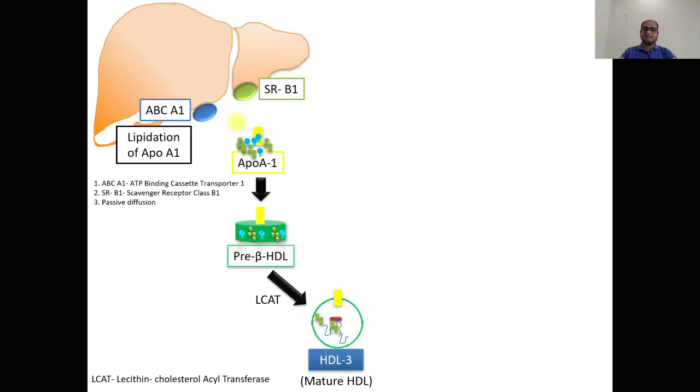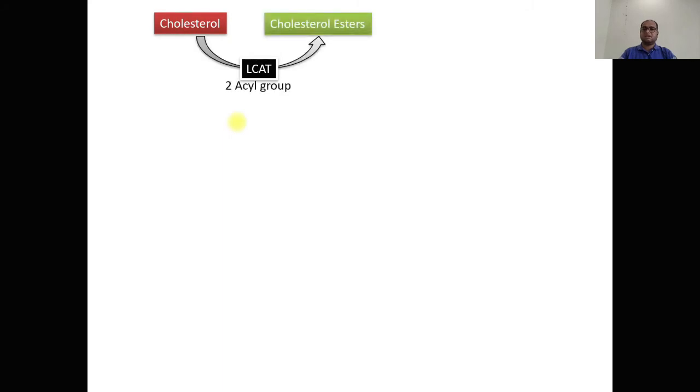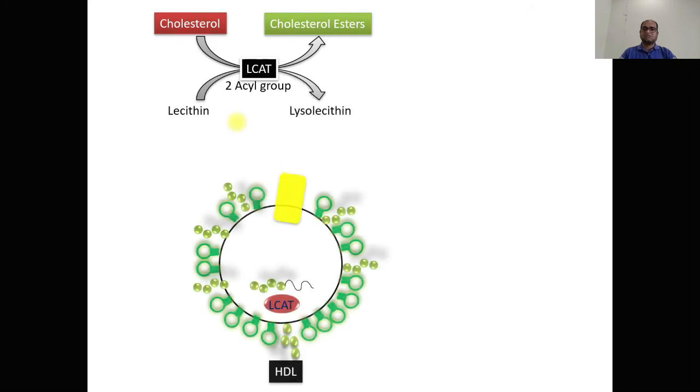This is still HDL3. Now how does this happen? LCAT converts cholesterol into cholesterol ester. At the same time lecithin gets converted into lysolecithin. Now these cholesterol esters are going to activate the LCAT and bind with it. Now this component is internalized.